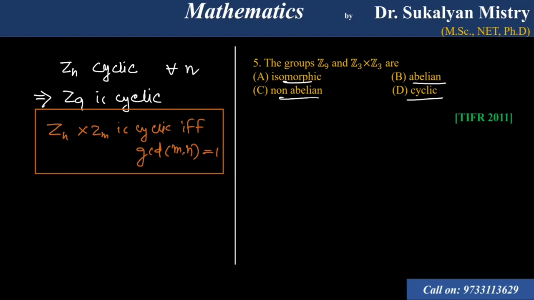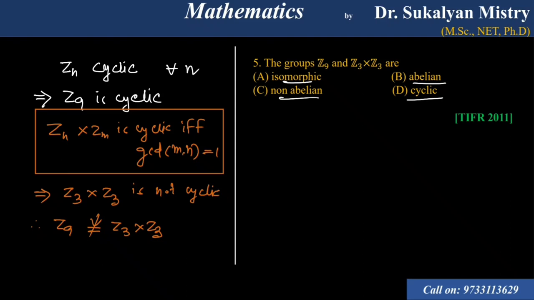So here, Z3 cross Z3 is not cyclic, because 3 and 3 are not relatively prime. So therefore Z9 is not isomorphic to Z3 cross Z3.